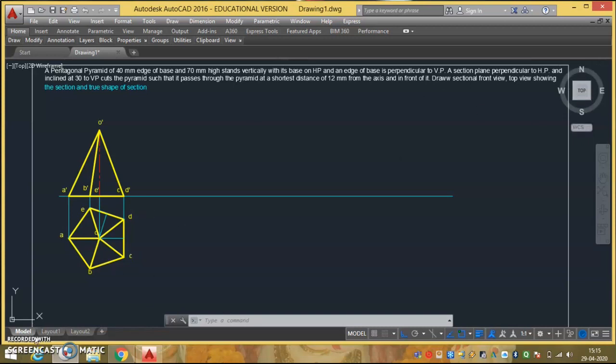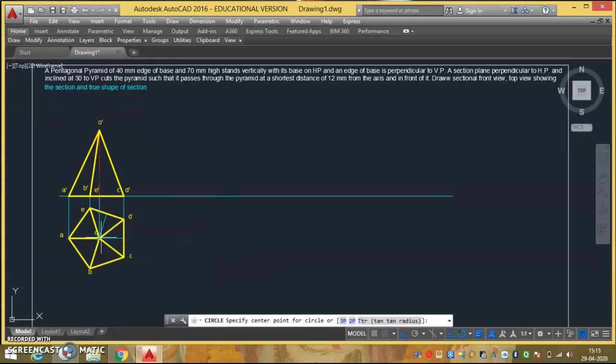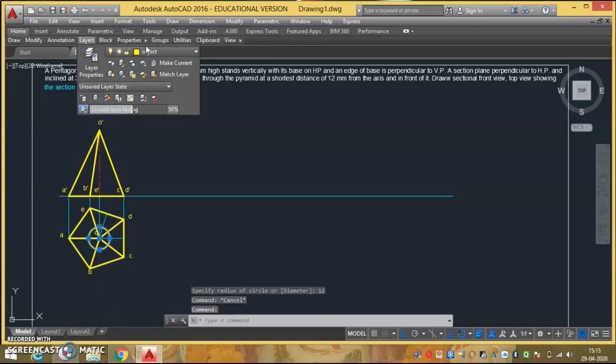So now we will plot the section plane. For that, you can initially take a circle of radius 12 mm. So I'll take 12 mm in the compass and draw the circle. So we have drawn a circle with radius 12 mm. I will make this a projection line.